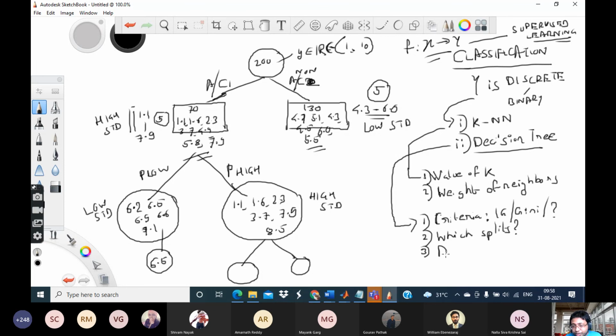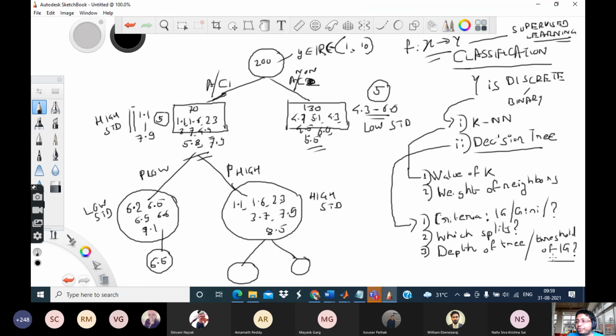Thirdly, the depth or height of the tree. At which point should I just stop? Or rather, the threshold of the information gain. Someone was asking at one point when I decide that there is no further information gain. Information gain will never become exactly zero. It will become, say, 0.1, 0.01, 0.001 or something like that.